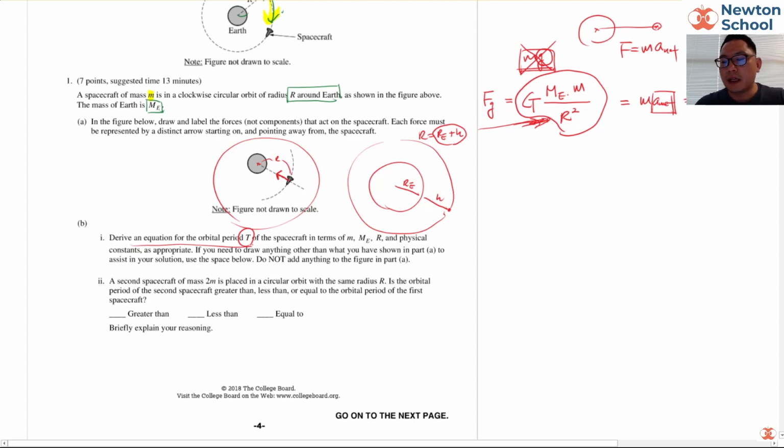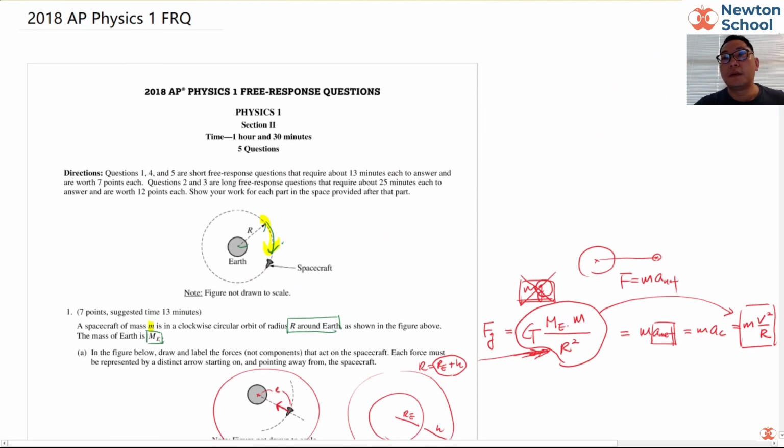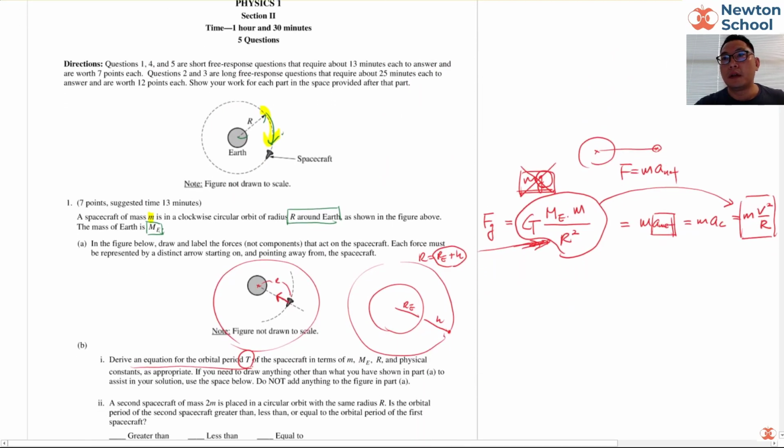This a net is just a_c, so it's basically m a_c, which equals mv squared over r. This is for centripetal acceleration. So the force of gravity equals ma, which equals m a_c in this scenario, which is mv squared over r.